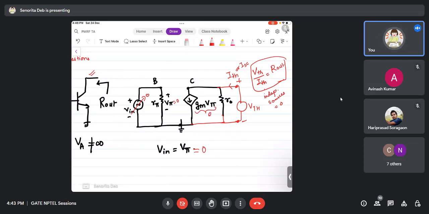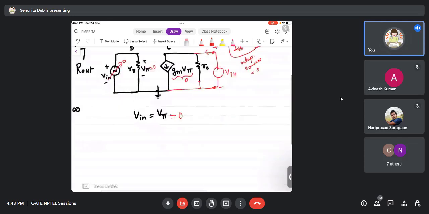It is not 0 because it is coming under independent source or something. This is a dependent source, mind you. So let me write it.